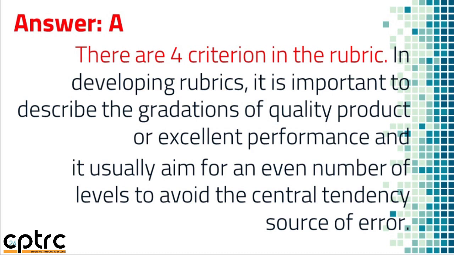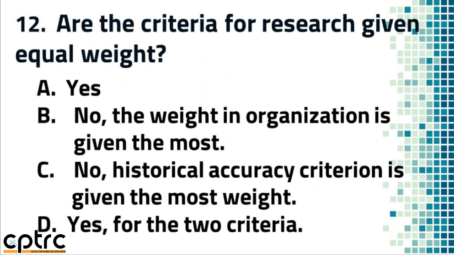Why is it so? Because a rubric should have an even number of levels to avoid the central tendency source of error. Having an even number of levels prevents the teacher from committing the central tendency error.